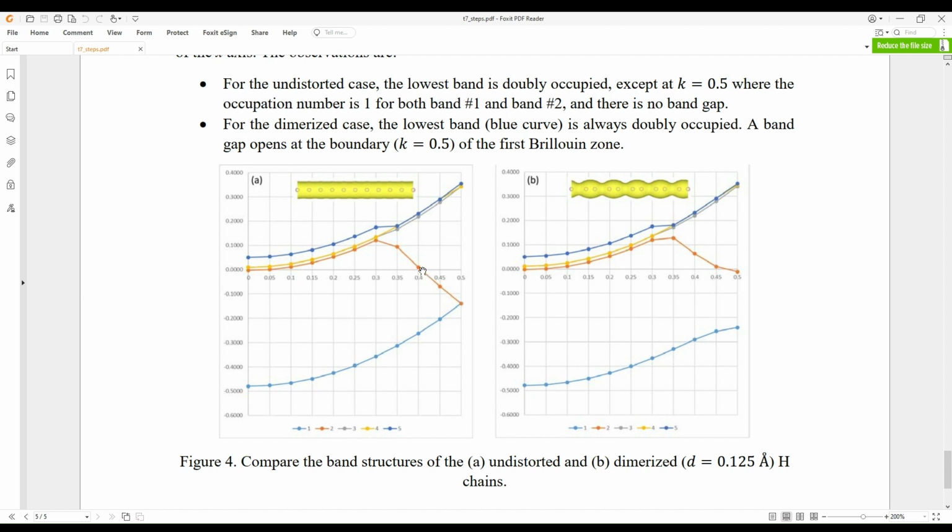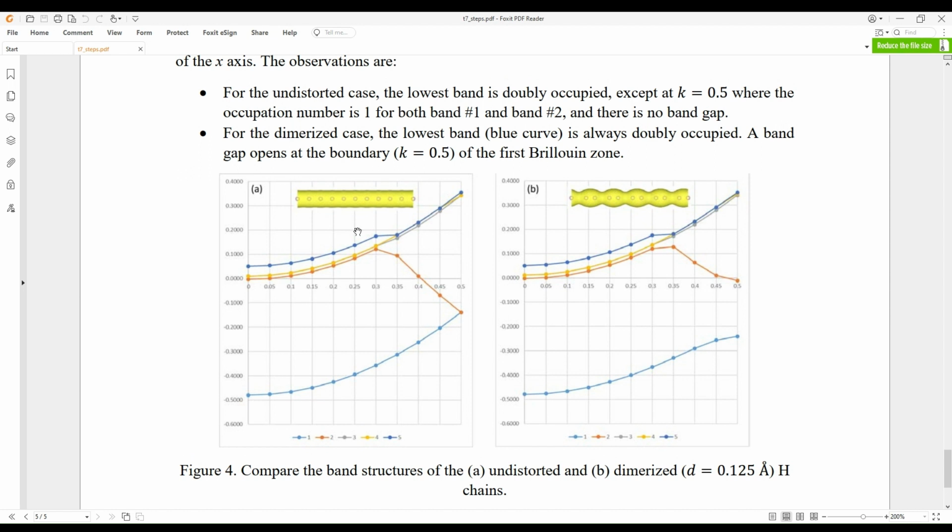Which means that this orange band and this blue band, the occupation numbers are both 1 at this point. So that's why this is a metallic case. And this also explains why we use the Fermi-Dirac distribution in our calculation for this system.